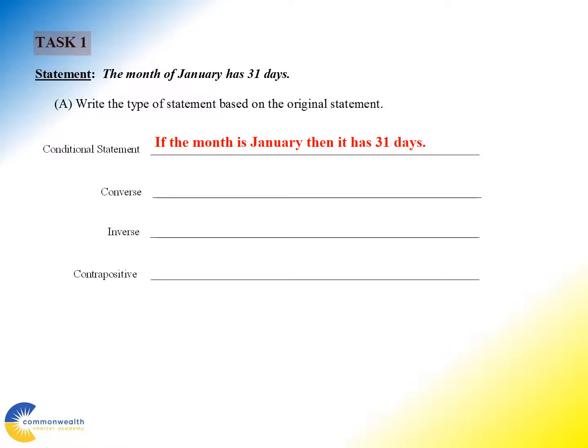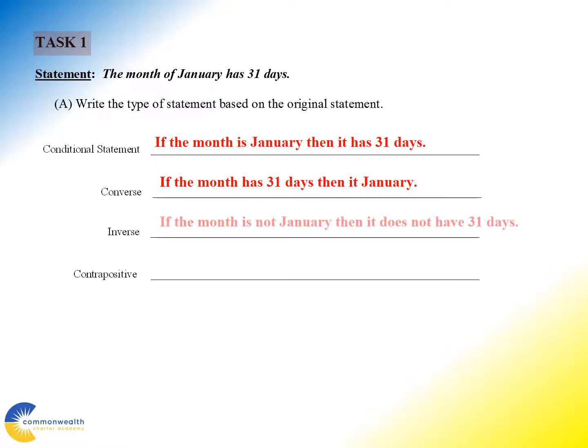For the converse, just switching the if and then parts: if the month has 31 days, then it is January. The inverse: if the month is not January, then it does not have 31 days. And the contrapositive: if the month does not have 31 days, then it is not January.